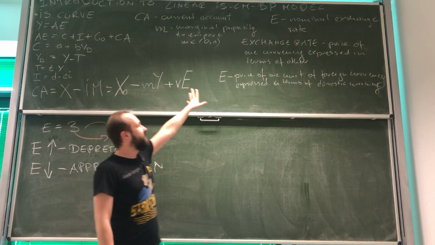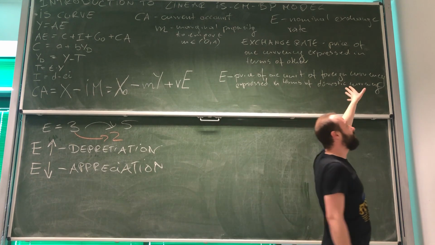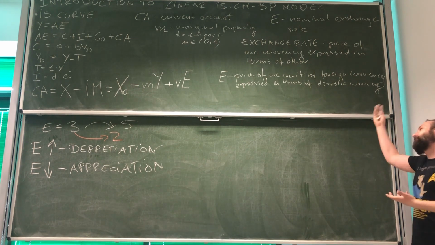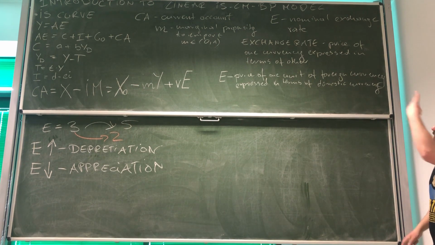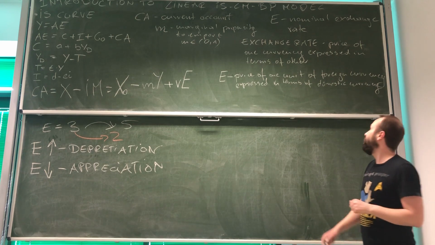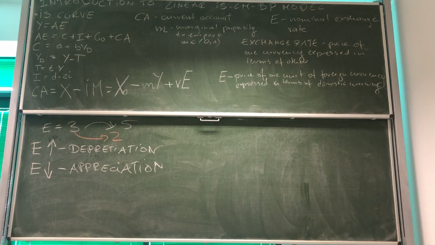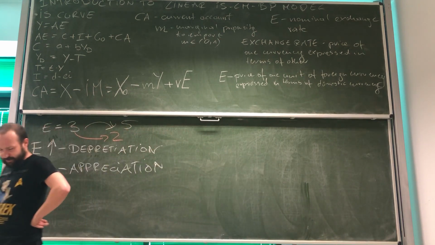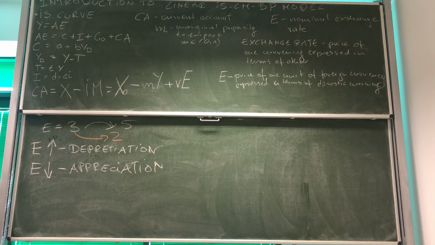And because we are assuming here prices are constant, and the only prices that can actually change, we've got two, interest rate and exchange rate. But for now we are concentrated on exchange rate. We can use nominal exchange rate without losing any generality to what we are actually saying.